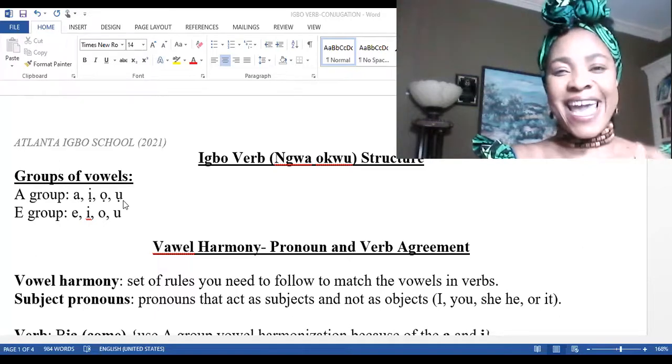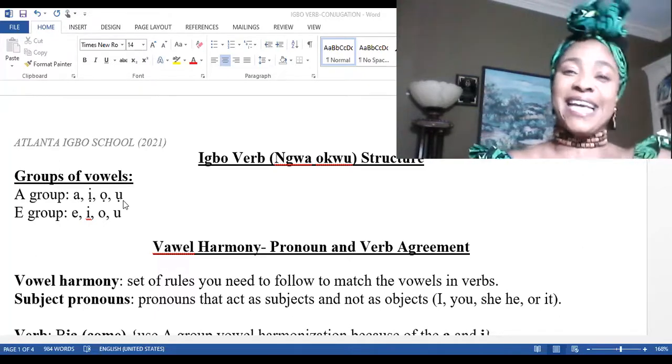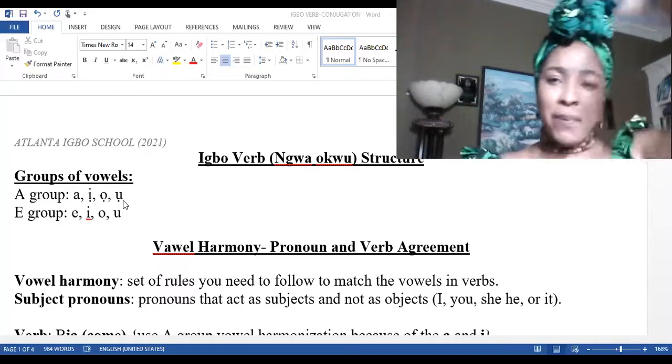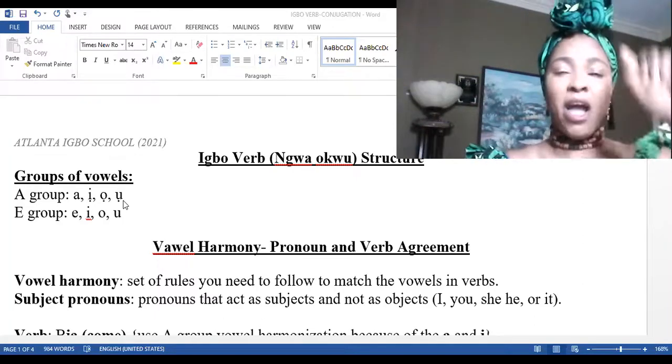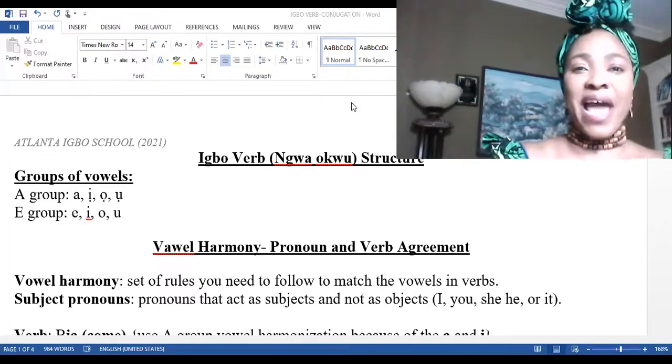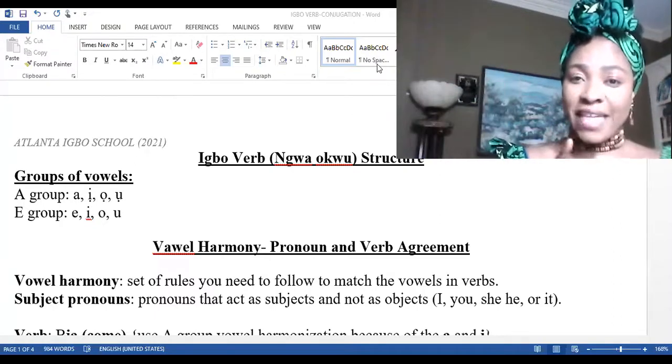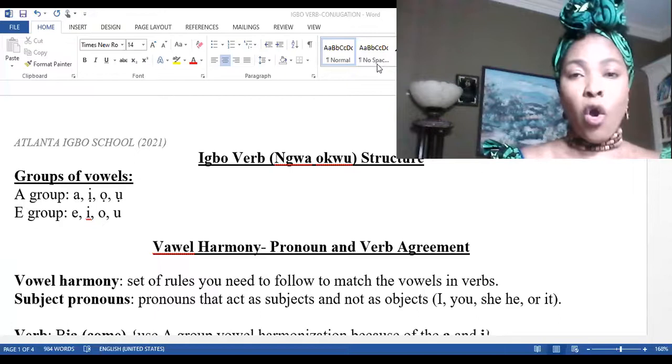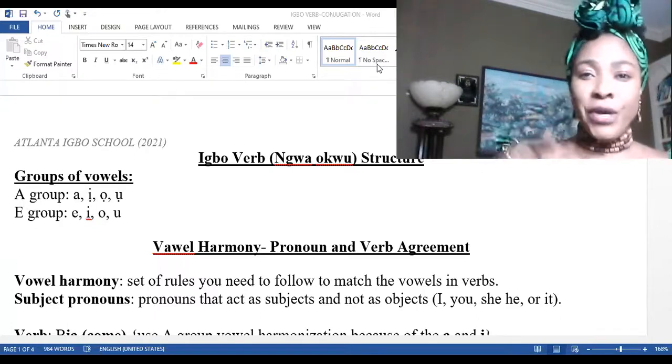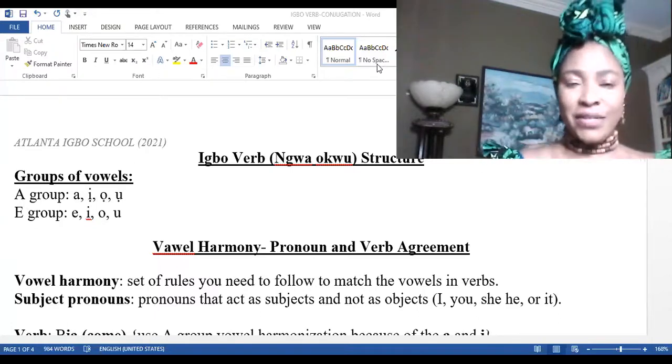The E is the I with the double dot up and down. Okay, up and down. And then we have the O with a dot underneath, or the U with a dot underneath.